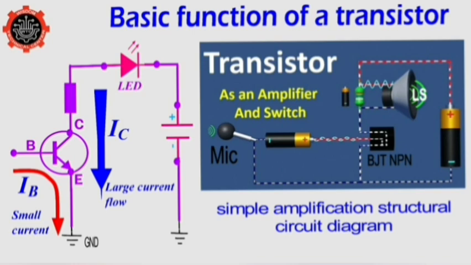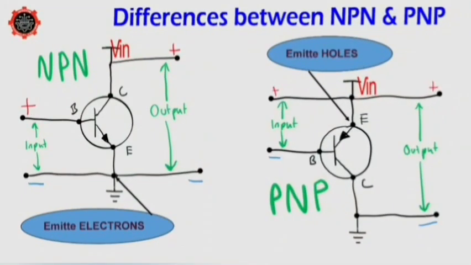You dig this? The differences between these two types of transistors are the batteries or the supply voltages are going to have opposite polarities, right? Because we know that current flows the opposite way in a PNP transistor as compared to an NPN.